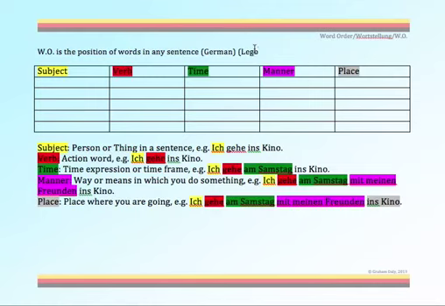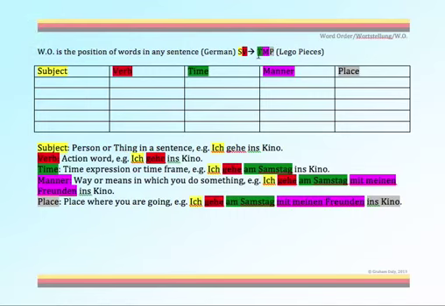I always call German word order pieces Lego pieces, and I'll explain why. In forming the German sentence, you have the subject and the verb, and then it's followed by the time, manner and place. So you have the subject, the verb, the time, the manner, and then the place.